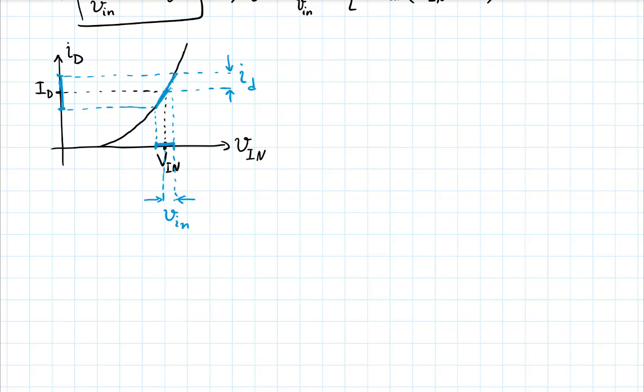And in the small signal limit, these variations at the input, be it an increase with respect to your bias point or a decrease, if they are very small, you're essentially saying you approximate that curve with a line, right? That's what we did. And that's why you can find a constant ratio. This is graphically what happened. The ratio of that ID to this V in is just the slope of that curve.